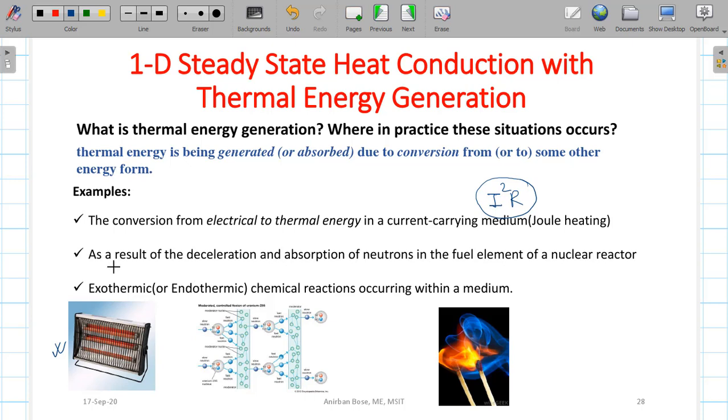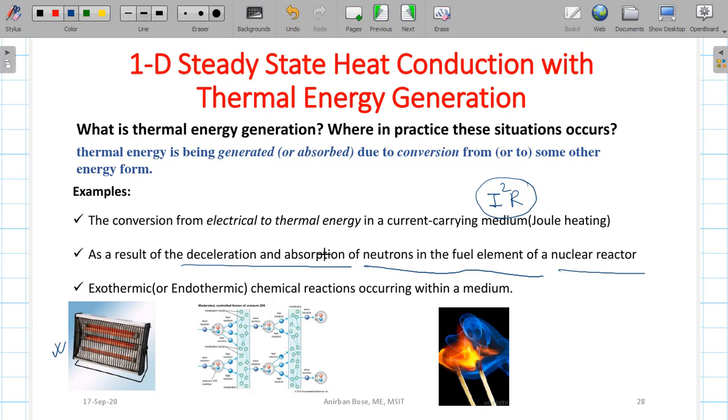Or it can be a result of deceleration or absorption of neutrons in the fuel element in nuclear reactors. In a fuel element in a nuclear reactor, very high speed neutrons after the fission reactions pass through the fuel element or the moderators, which absorb energy from these neutrons and decelerate them, and again this helps the chain reaction.